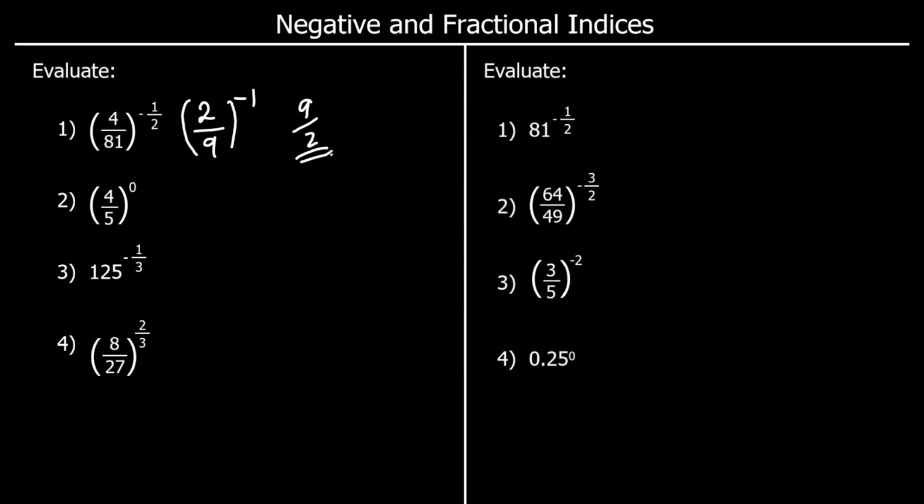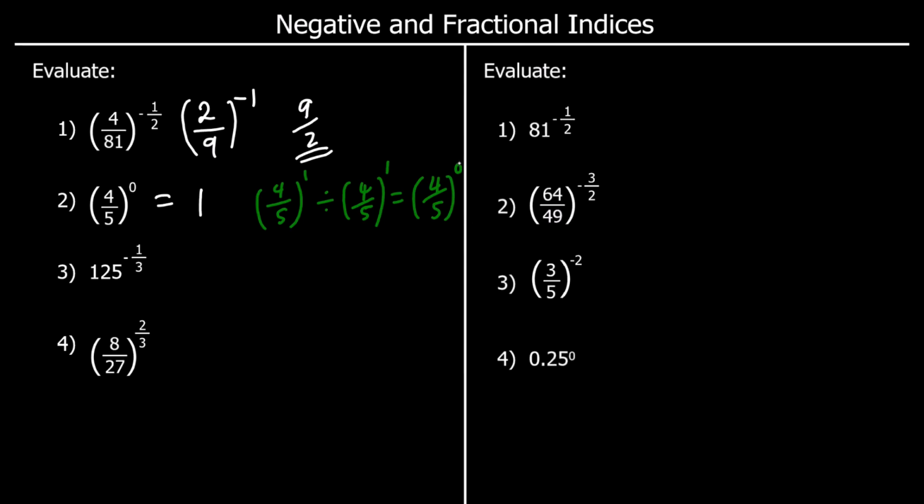Anything to the power of 0 is 1. So 4/5 to the power of 0 is 1. Just quickly, the reason behind that. So if I had 4/5 to the power of 1 divided by 4/5 to the power of 1, when you divide indices, you take away the powers. 1 take away 1 is 0.